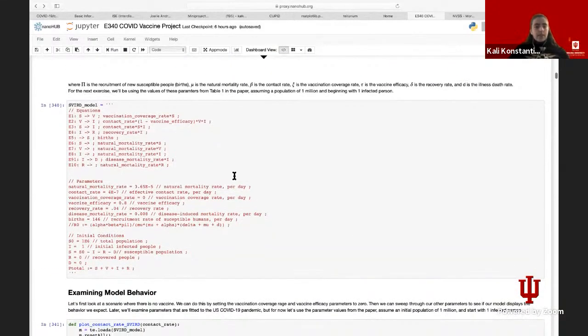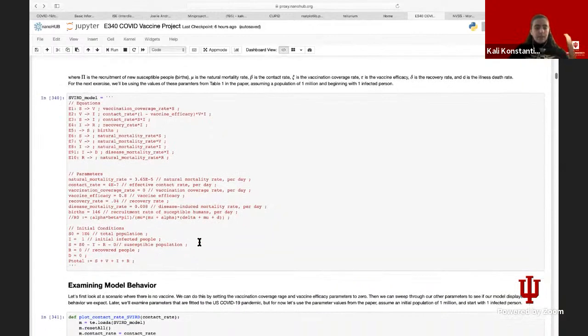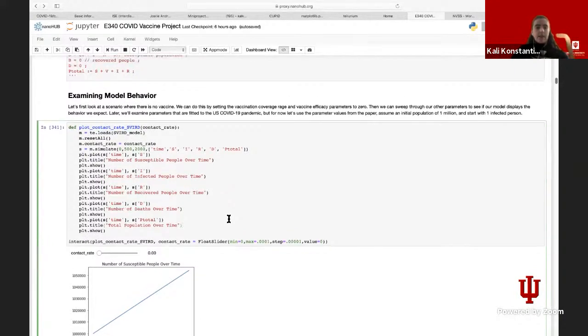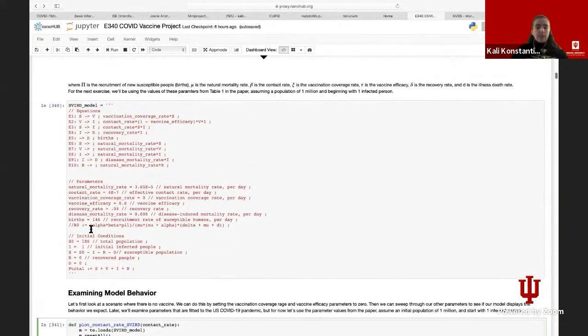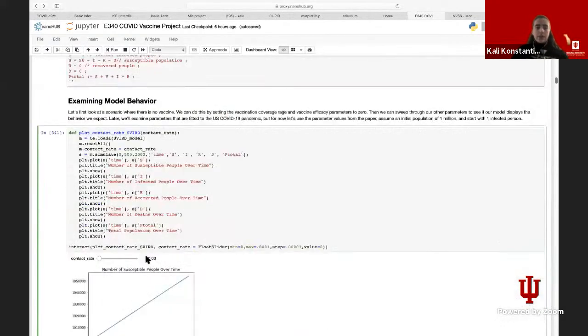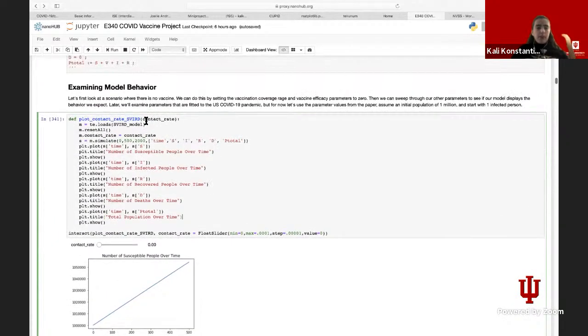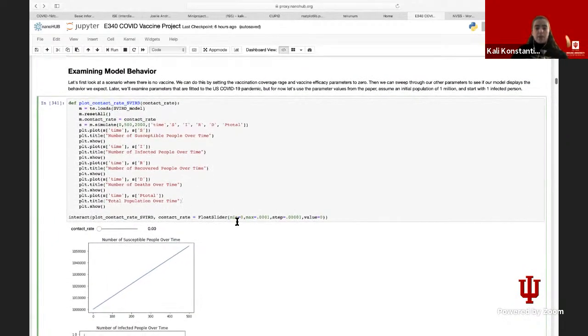So here is the Antimony implementation. And one of the first things I do, thinking about the educational purpose of the app, is examine the model behavior and how it changes based on how each of these individual parameters change. So I just go through them one by one using a slider. The problem with examining the contact rate in particular is that the contact rate has to be pretty small in order to track the differences over time.